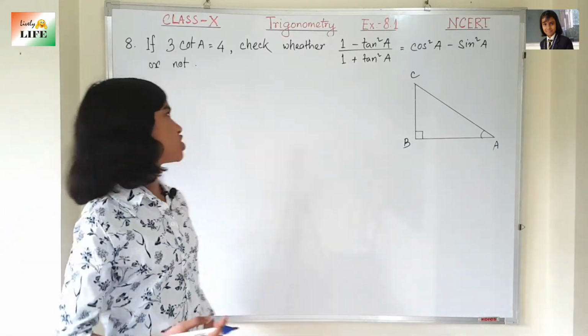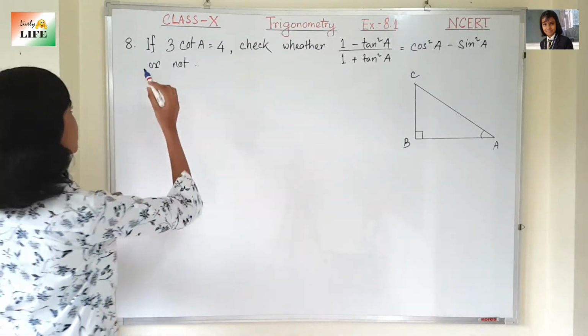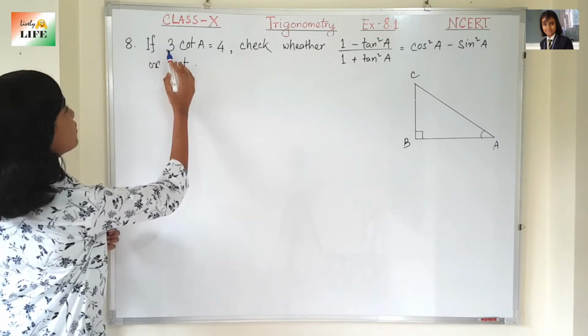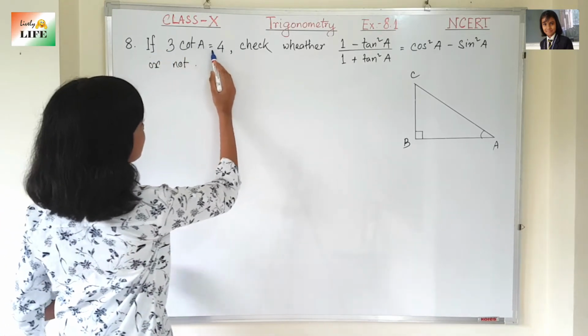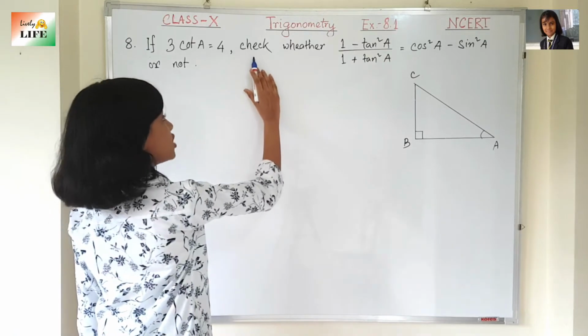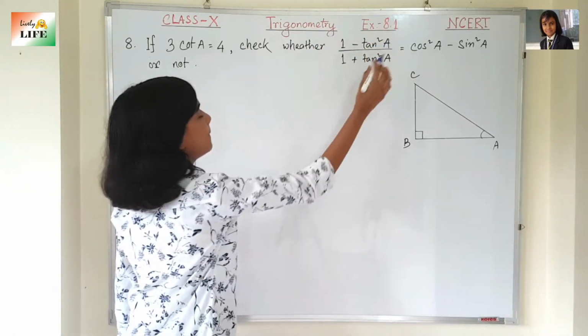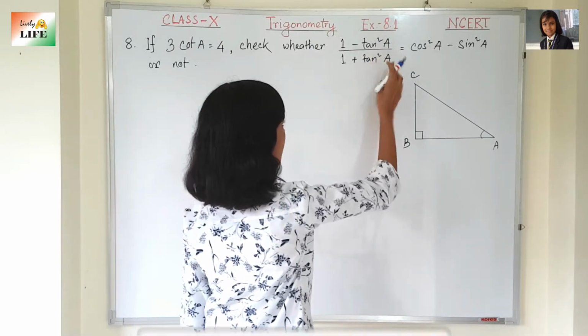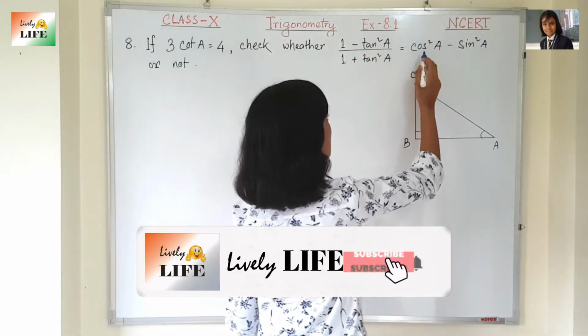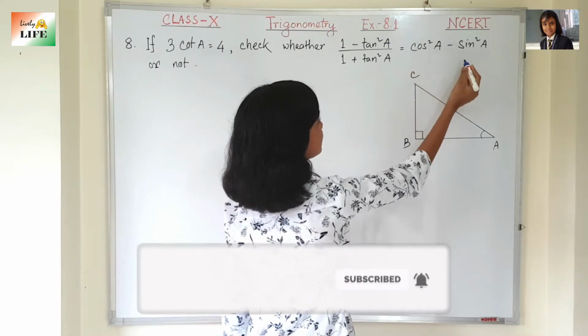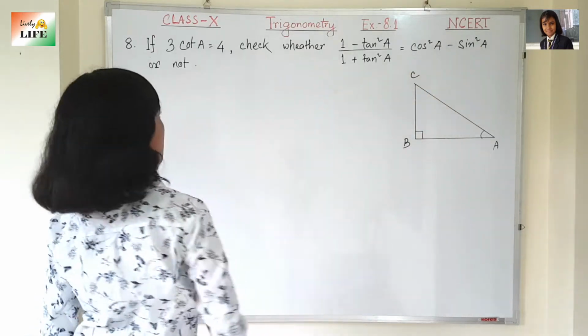So, let's get started. Question number 8 is: if 3 cot A is equal to 4, check whether (1 minus tan square A) by (1 plus tan square A) is equal to cos square A minus sin square A or not.